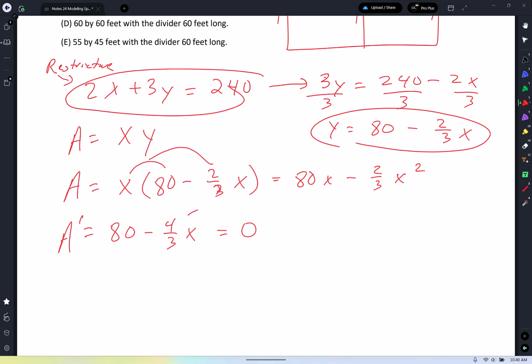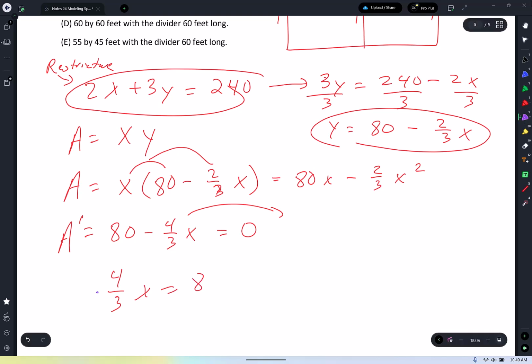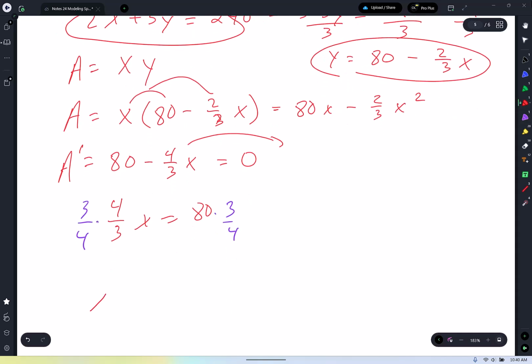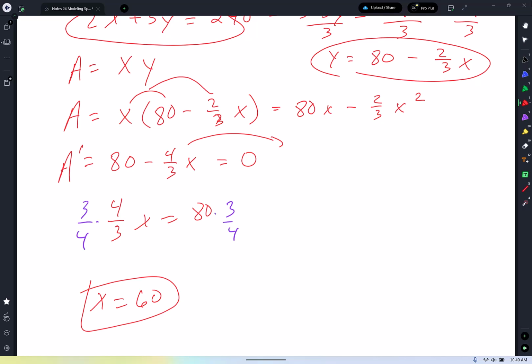You're done. 4/3 x equals 80. Multiply by 3/4. Whatever you do to one side, do to the other. So times 3/4. Then x equals, let's see, 4 goes into 80 twenty times, 20 times 3, 60. There it is. That's what's going to give me maximum area.